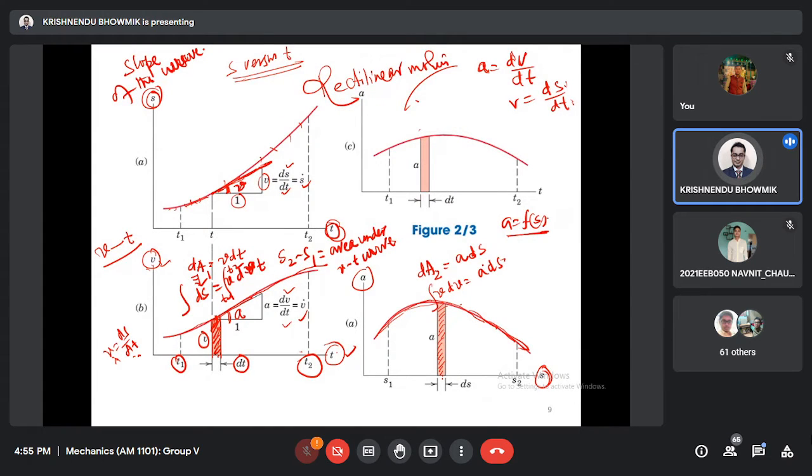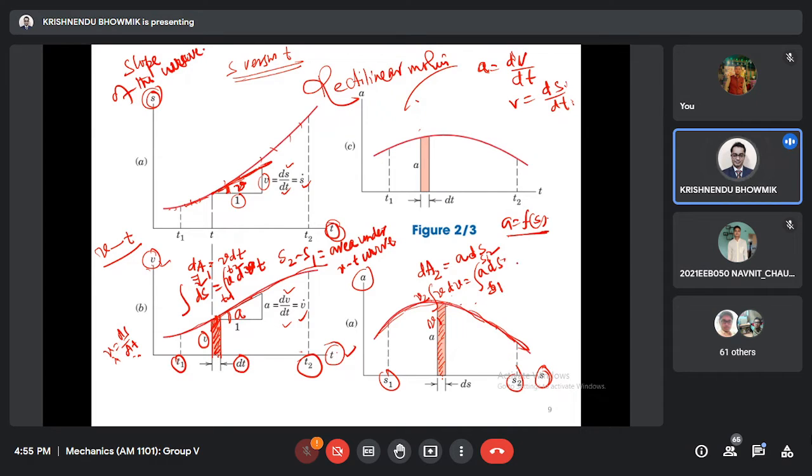If you do the integration on both sides, the velocity goes from v1 to v2, and here it is S1 to S2.